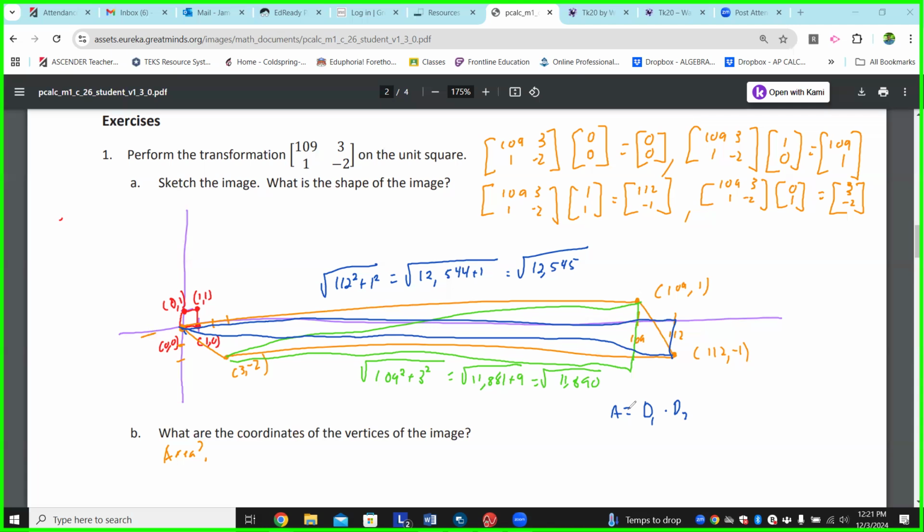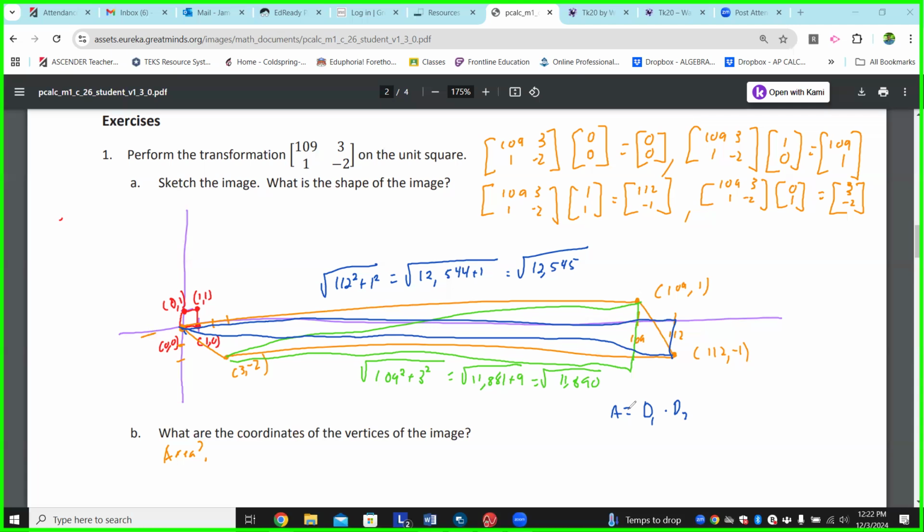That's a rhombus. A rhombus has equal diagonals. No, a parallelogram does not have the same diagonals. So 12,545 times 11,890. What's the square root of it, after you took the square root of it?